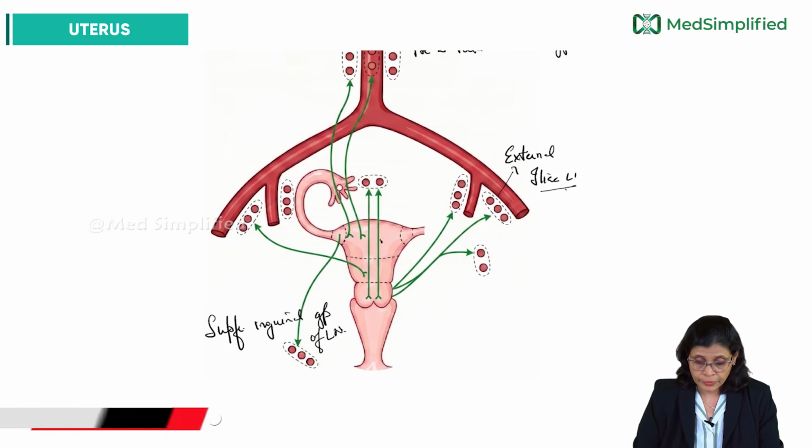That's it. Now we have the cervix. From each side, laterally, the lymph vessels drain into the external iliac as well as the obturator group of lymph nodes.